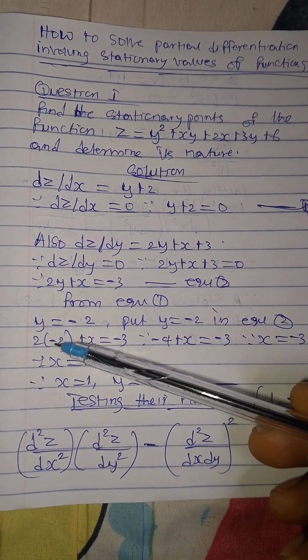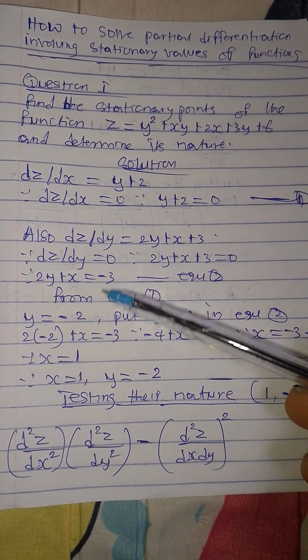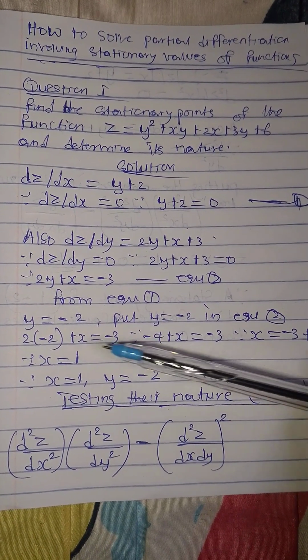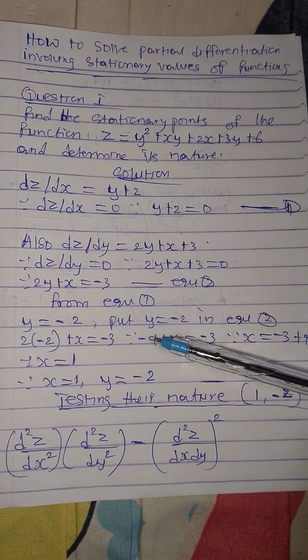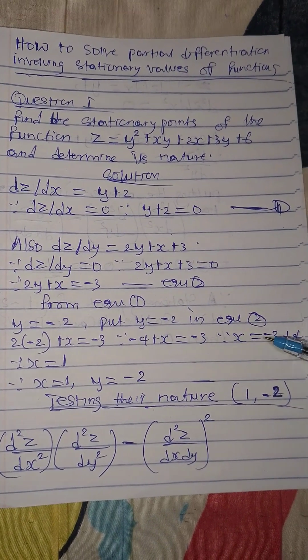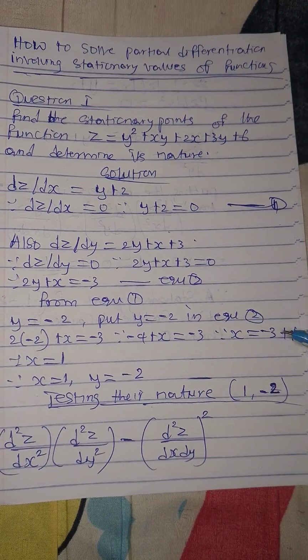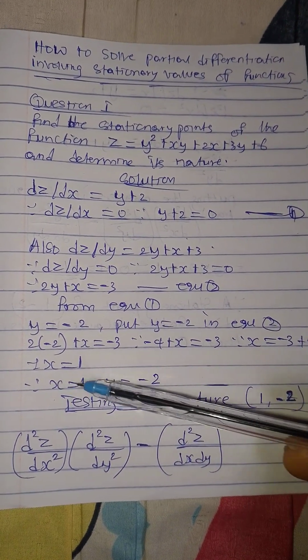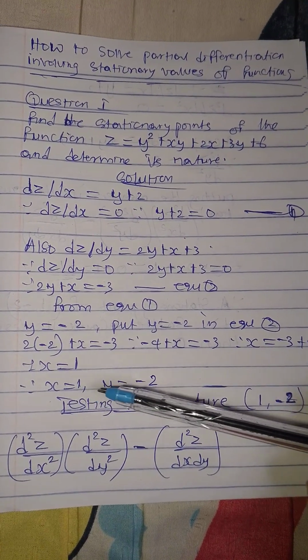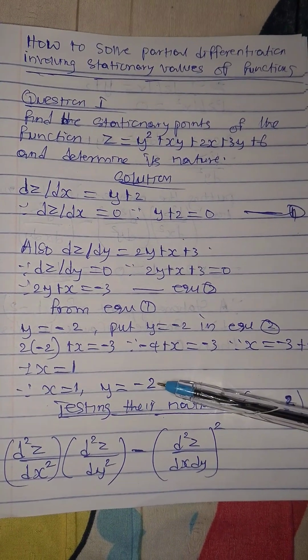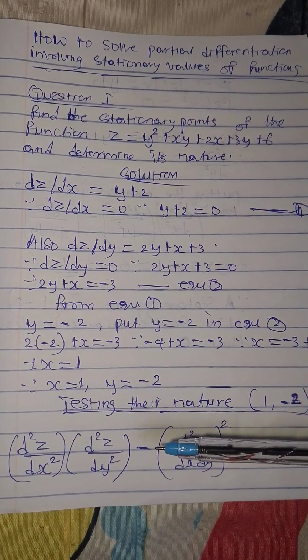So that becomes 2 bracket minus 2 plus x is equal to minus 3. 2 times minus 2 is minus 4, plus x equals minus 3. Now collect like terms. x is equal to minus 3, minus 4 crossover becomes plus 4. So x is equal to minus 3 plus 4, which gives 1. Therefore x is equal to 1 and y is equal to minus 2.